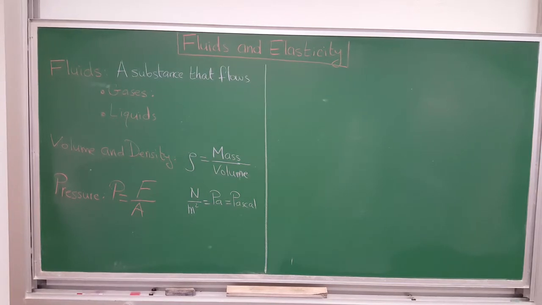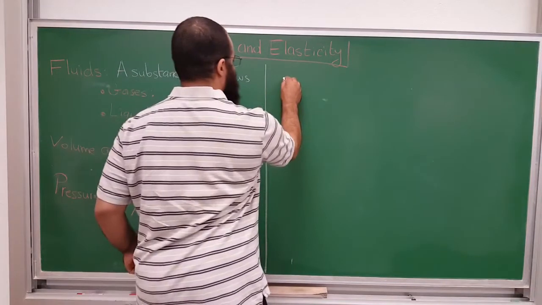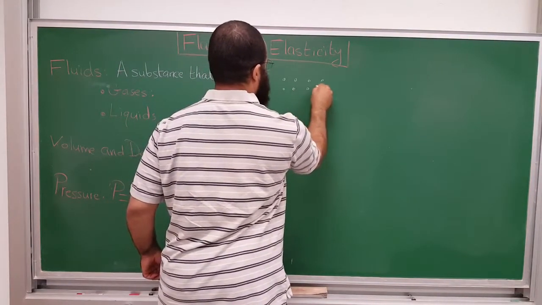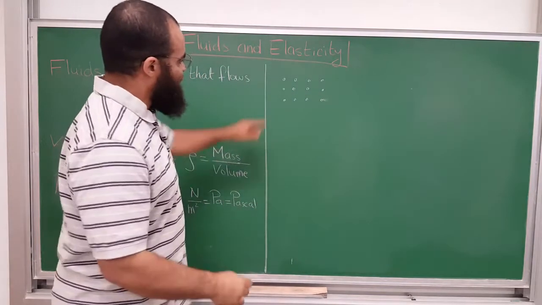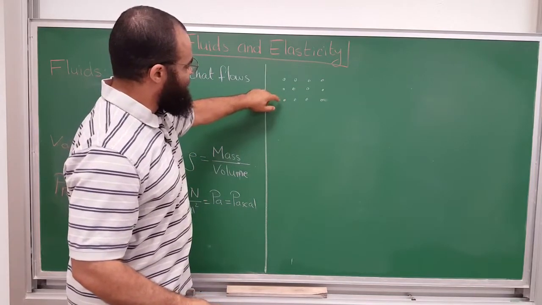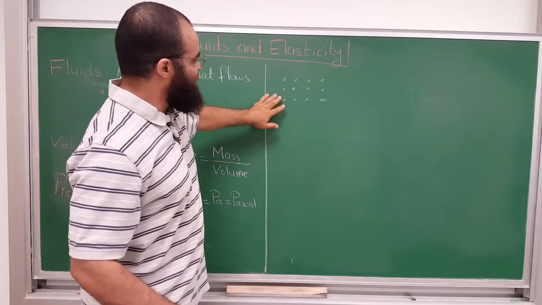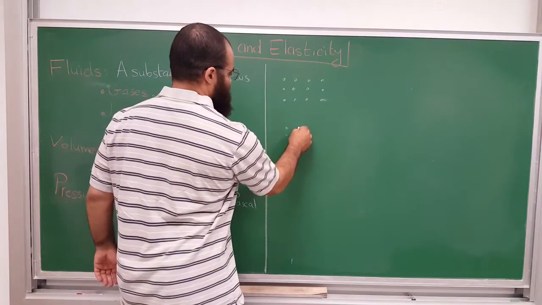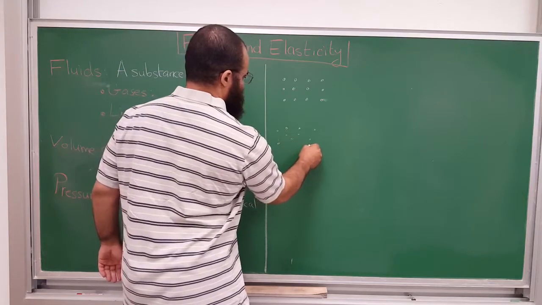With solids, for example, let me just draw a solid. The molecules are organized. So this is a solid here. The molecules kind of stay there. They can vibrate up and down, left and right, but this molecule, you will not find it there, and this molecule does not move here. So they stay very local. With liquids, the molecules can move apart, but just locally.